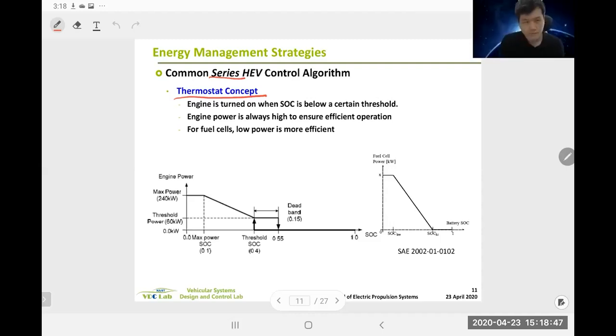Well, there are two parts. Remember, this is a series hybrid. If you run your engine at its optimal operating points, engine efficiency will be super good. But if you do this kind of thermostat concept, then all of your power has to go through the battery in and out.